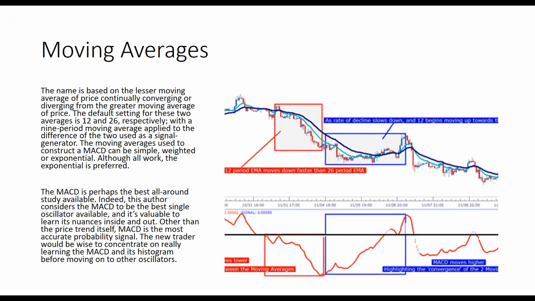So we'll try to go through it again step by step. The name is based on the lesser moving averages of price continually converging and diverging from the greater moving average. The default setting for these two are 12 and 26.